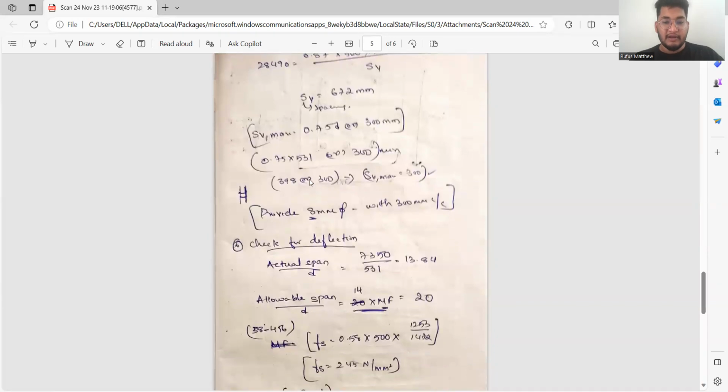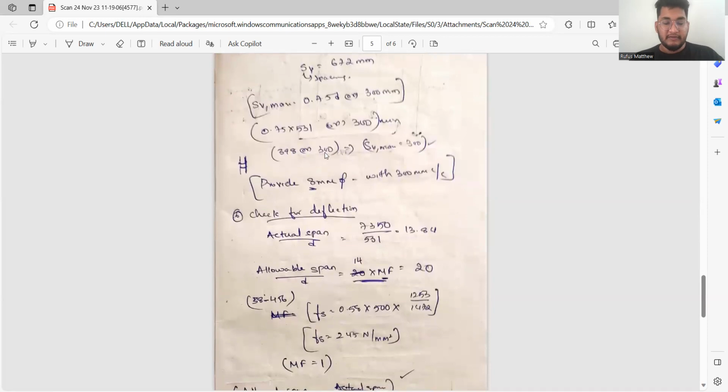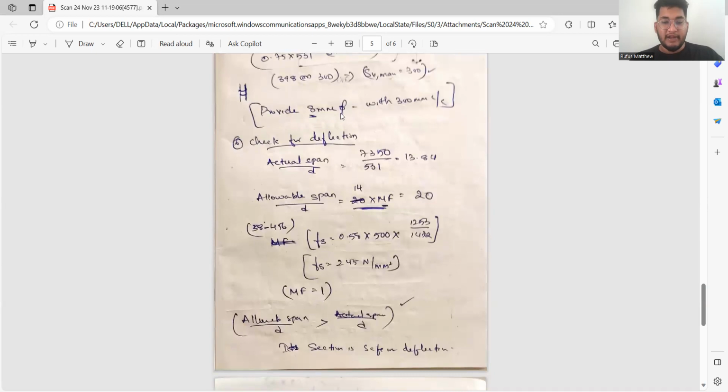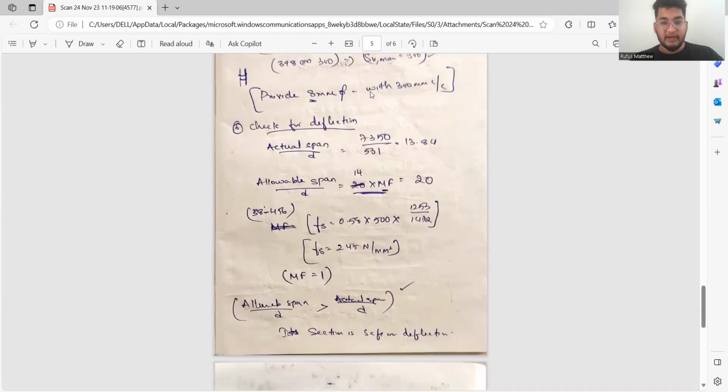So after calculating, we'll get the spacing as 300. Whichever is lowest, you should take that value. If the value of 0.75 D is lesser, you have to take that value. Or if the value is more than 300, then you should take 300 as the spacing. Then provide 8 diameter bars with this spacing. Till here the fifth step is over.